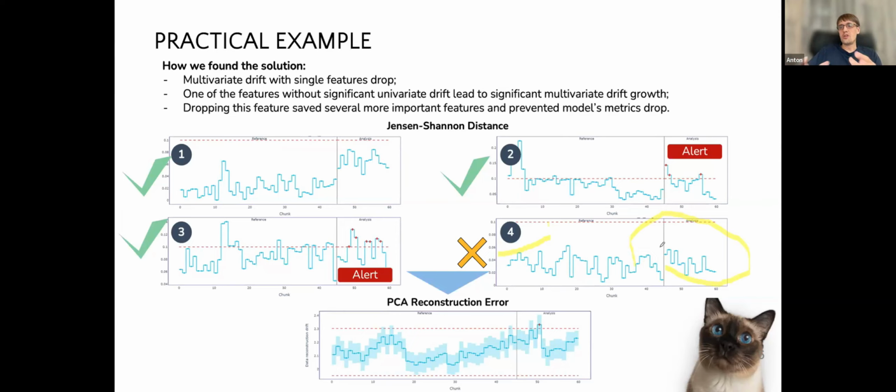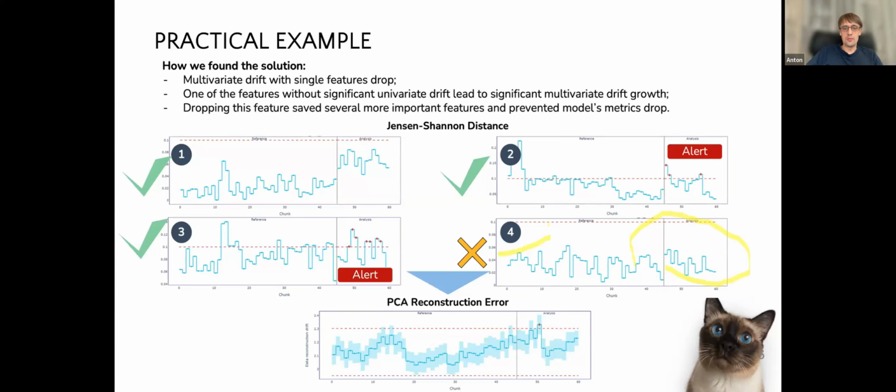What does this story teach us? It shows us that when we use multivariate drift as a metric of the drift itself, instead of using univariate drift with particular features, we have a better approach, and it's a highly powerful method to make our models better.